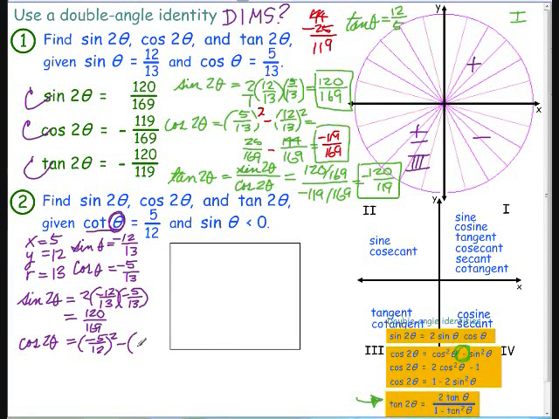And then we're going to do minus, then we do the sine of single theta, minus 12 over, oh, I like it when I catch my goof early. That's supposed to be 13. So what is that all equal to? When we square a negative, it becomes positive, right? 169.